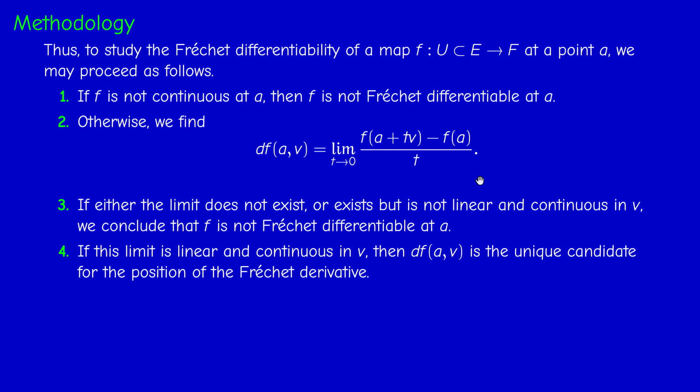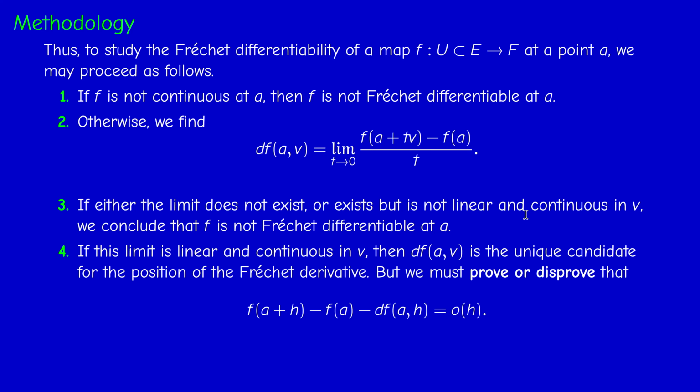Now, if the limit exists and is linear and continuous in the argument v, you may call it h, anything you like, then this Gateau derivative is the unique candidate for the Frechet derivative, because if the Frechet derivative exists, then it must be that limit, by the previous proposition.